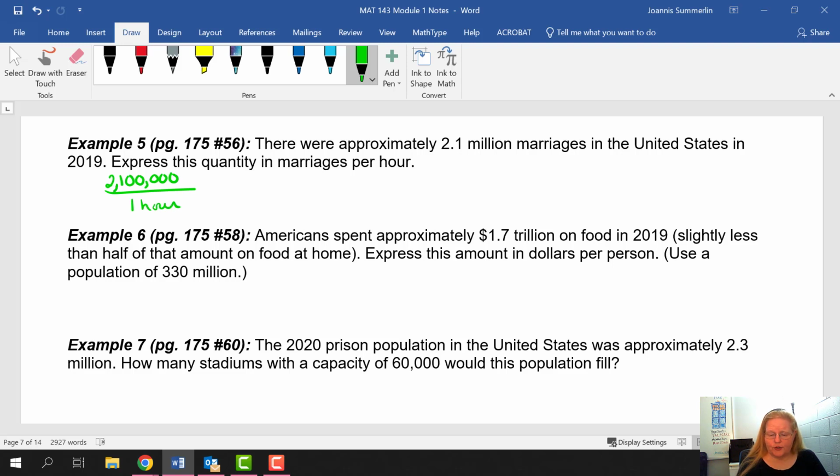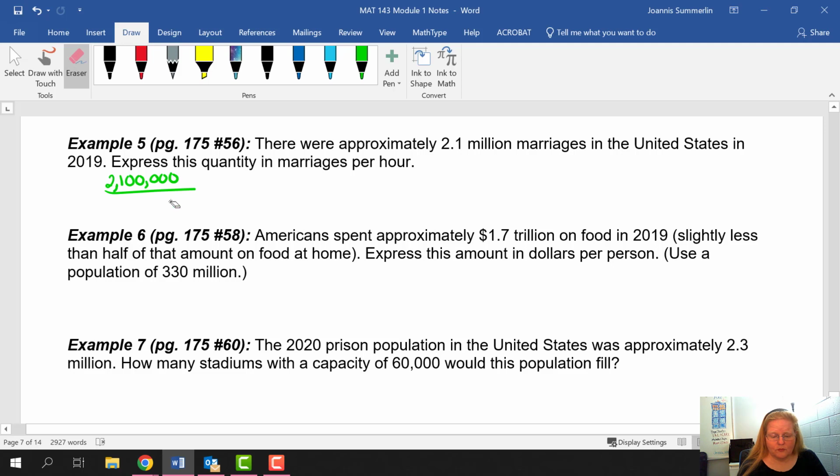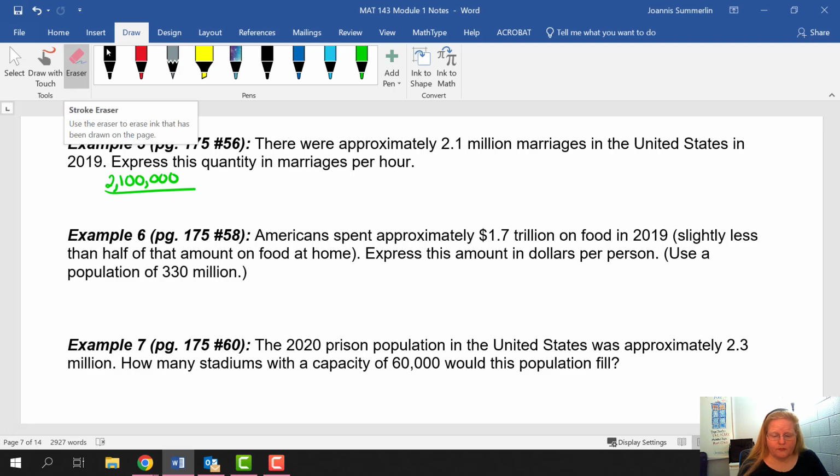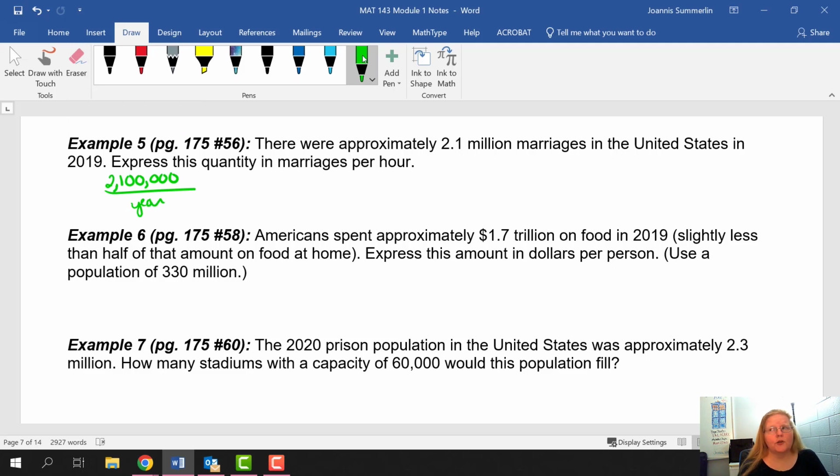They want to know, no, sorry, this is in 2019, so that's per year. That was for 1 year. They want to know per hour. So I'm going to have to change it from years to hours.